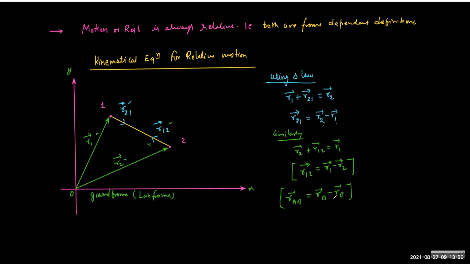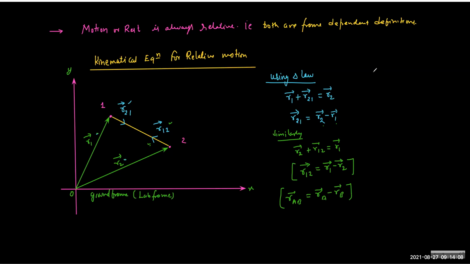So the double subscript notation is like when you switch from ground to the other frame. The first thing which you write after the R is the object. The second one is the observer.